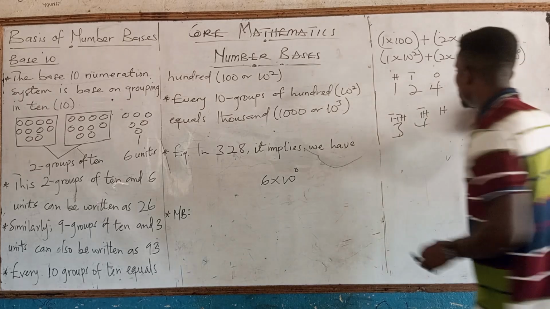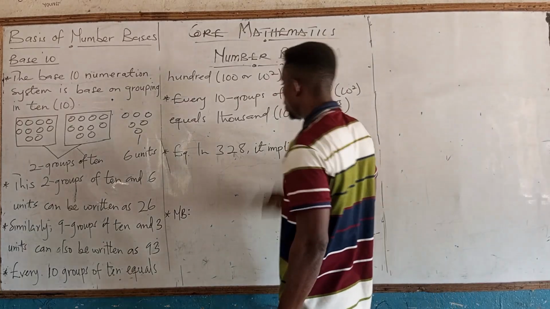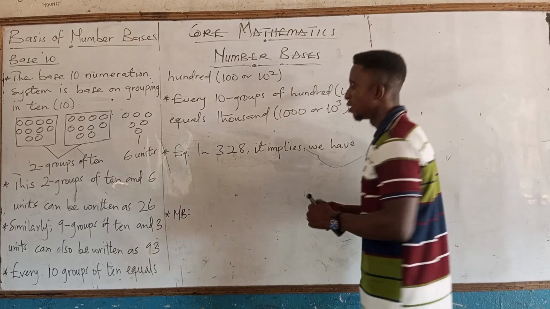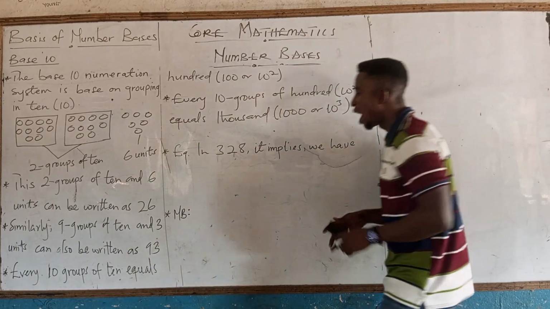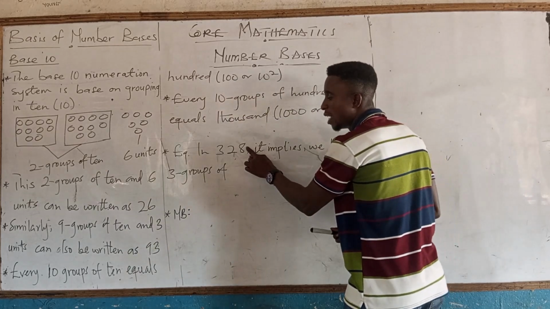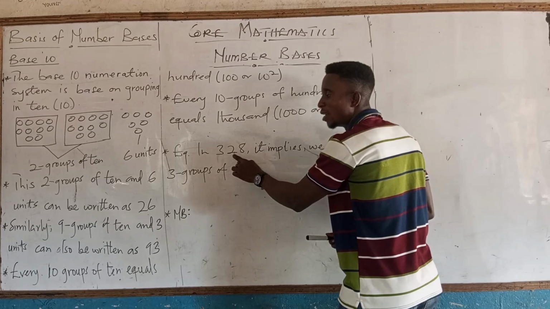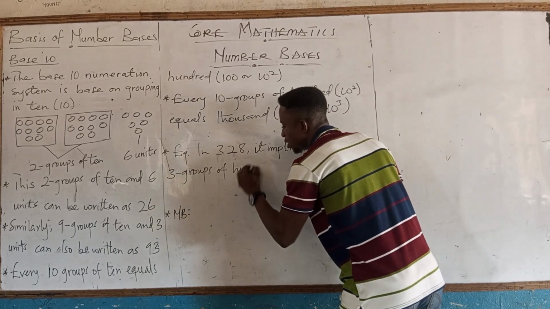Okay. So let's proceed. Let's quickly proceed. So let's continue. So we can say that in 328, it implies we have 3 groups of, because we have 8 units, 2 groups of 10, and 3 groups of what? 100. So we have what? 100.